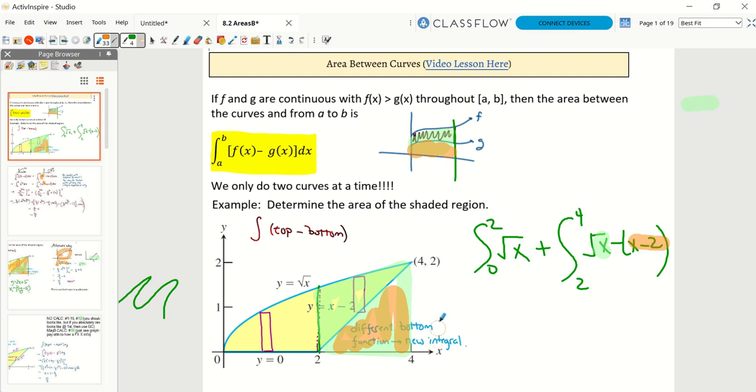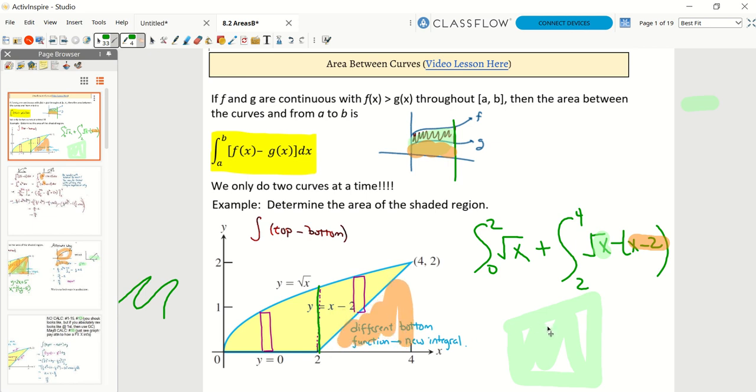Because this line right here is y equals x minus 2, the orange is the area bounded between y equals x minus 2, which is this line, and the x-axis.